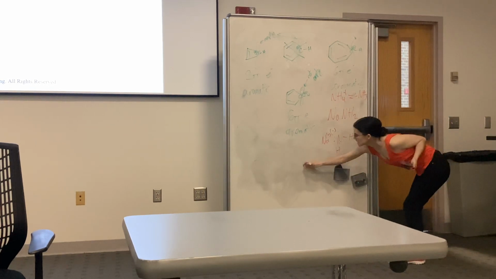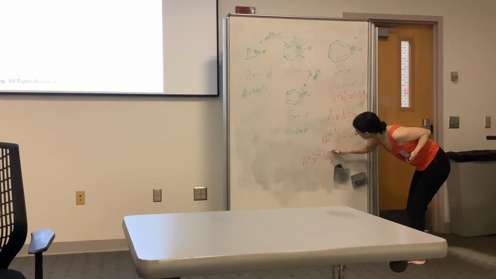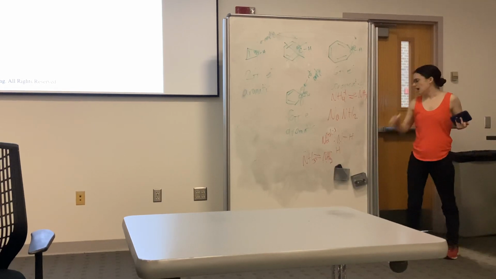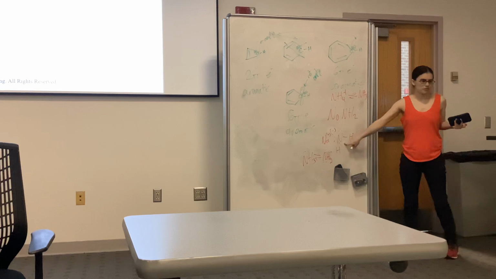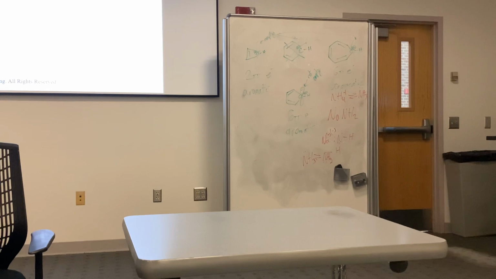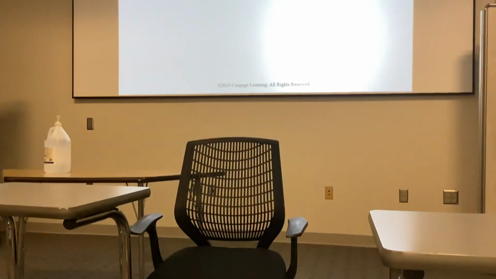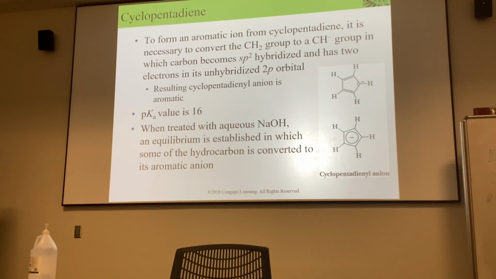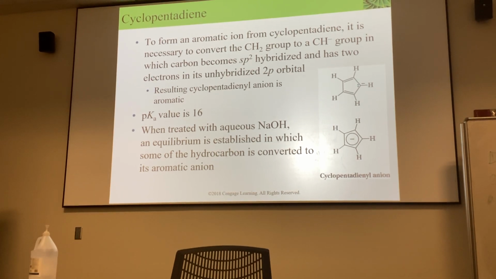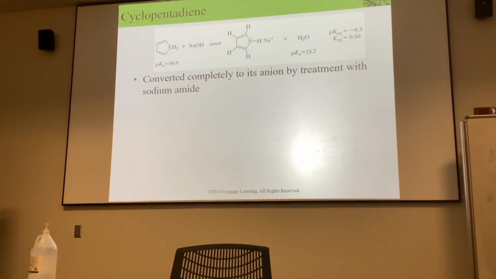If we start with NH3 and want to go to NH2 minus, this is essentially NH2 minus, sodium amide. That is a very strong base, and instead of having an equilibrium like this, we can just make all of it the cyclopentadienyl anion. We can make cyclopentadiene into its nice little negative ion that is aromatic.